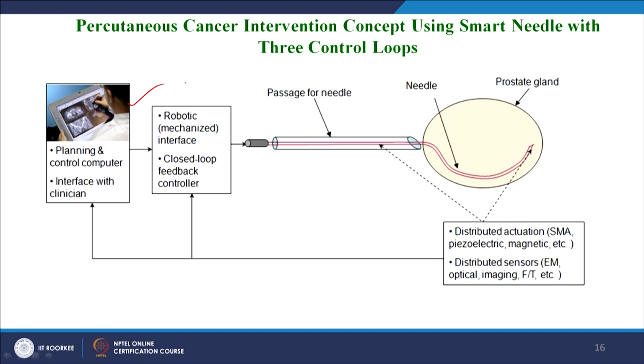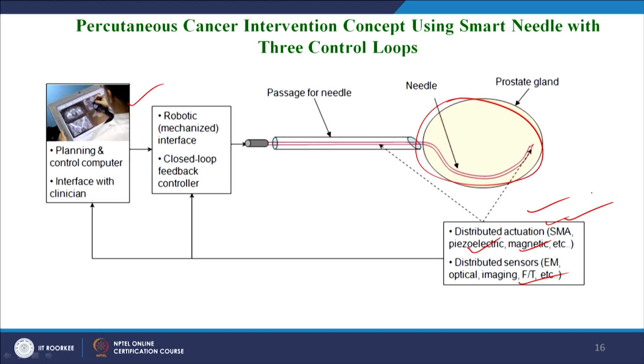The first loop is the inner loop, which has the smart needle with distributed actuation by smart actuators such as shape memory alloy, magnetic or piezoelectric actuators, and distributed sensors on the body of this needle such as electromagnetic, optical or imaging sensors, or force torque sensors. This inner loop controls the needle only, which has the distributed sensors and actuators on its body.